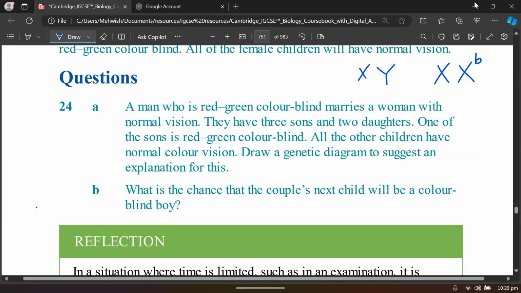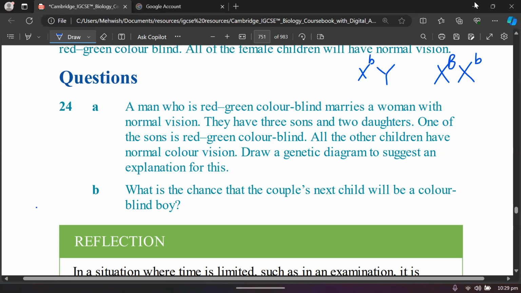The mother herself was not colorblind, so she would be the carrier. And what about the father? He was a red-green colorblind man, so he would have a small b, and on the Y chromosome there will never be an allele present, because Y is a small chromosome.